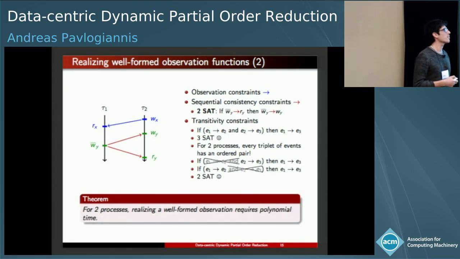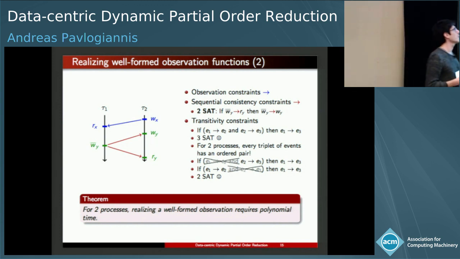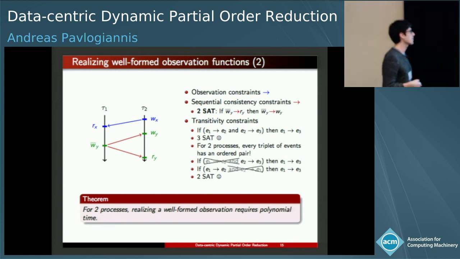We're again saying if A, then B. And you can show that these three are the only kind of constraints that your linearization needs to meet for it to produce a witness trace. So we end up with a theorem which says that for two processes, realizing a well-formed observation function only requires polynomial time by going through this 2SAT encoding.